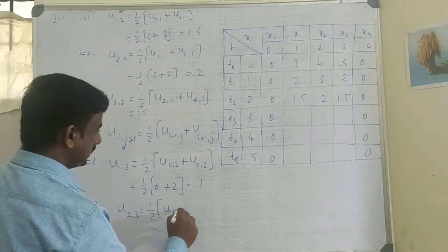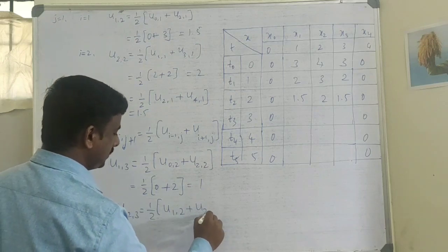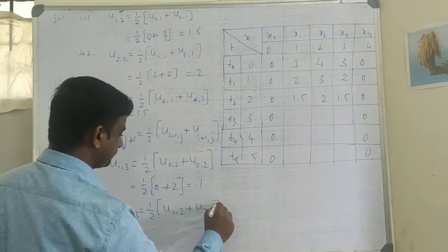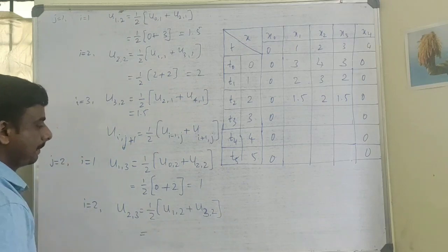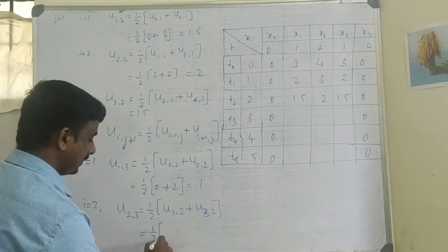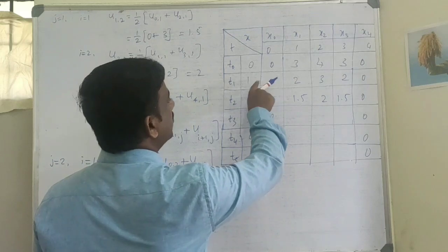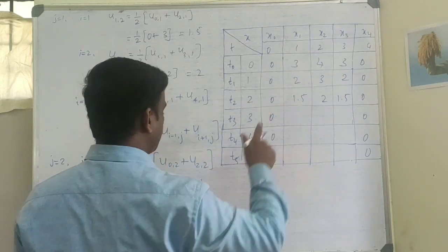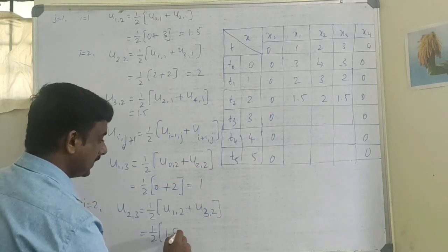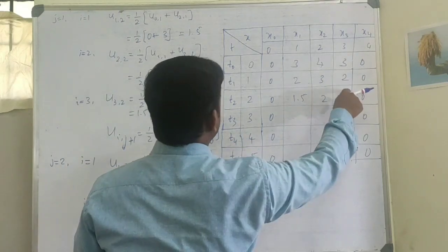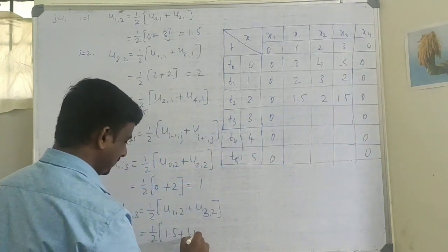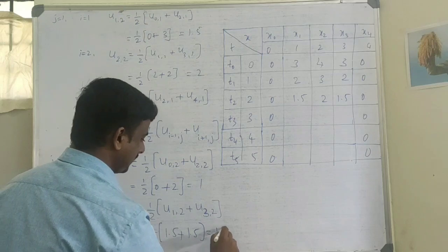Next, i equal to 2. u(2,3) = 1/2 [u(1,2) + u(3,2)]. u(1,2) is 1.5 plus u(3,2), which is 1.5. So again you will get 1.5.